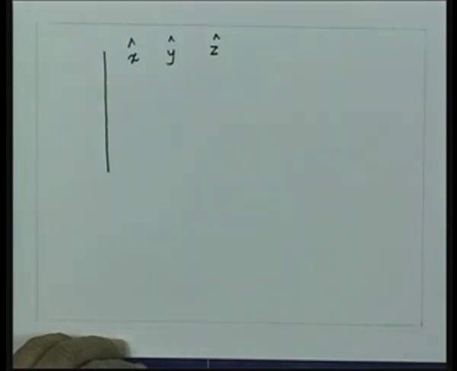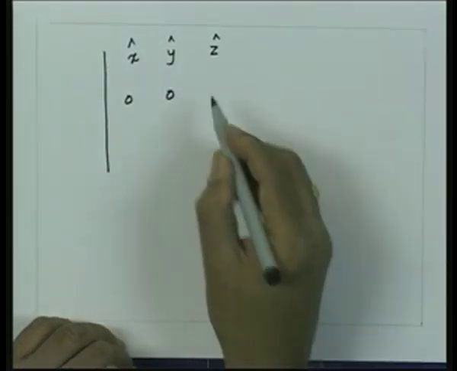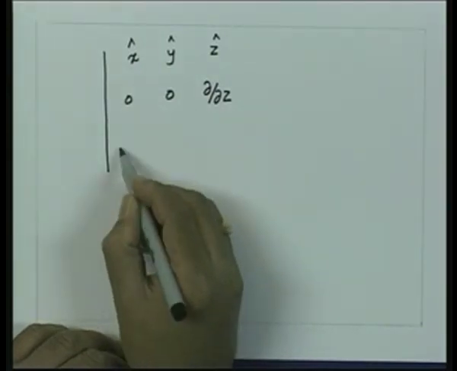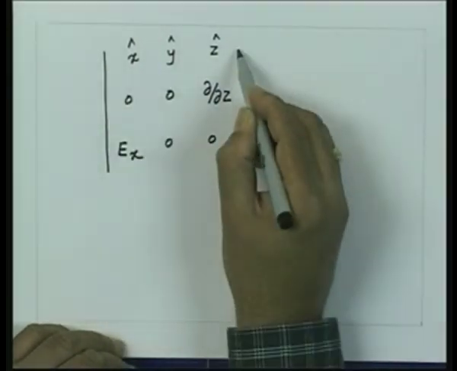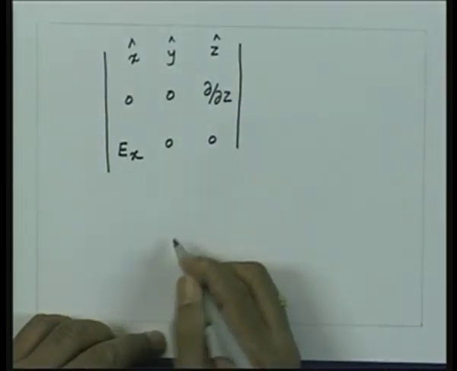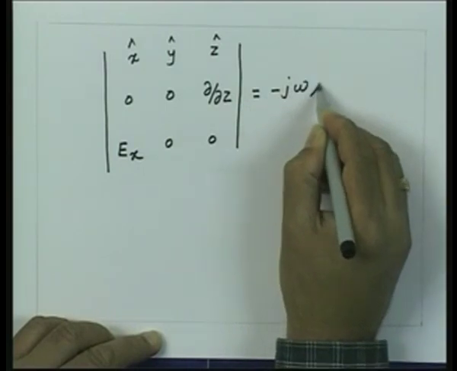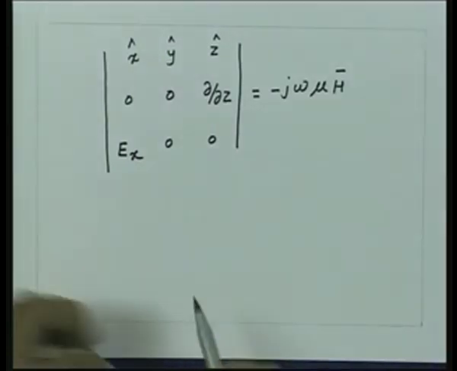Now, since the electric field is a function of z only, d by dx is 0, d by dy is 0 and d by dz, and I have an x component of the electric field, there is no y component and z component, and that should be equal to minus j omega mu into H.